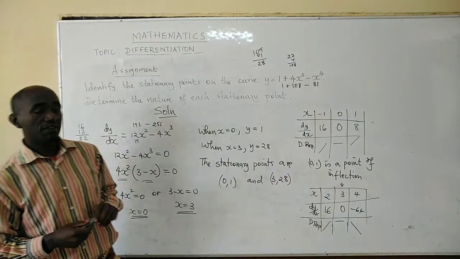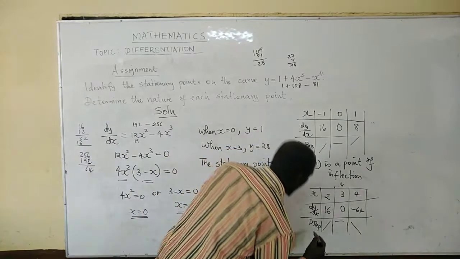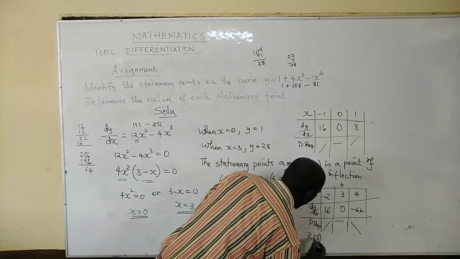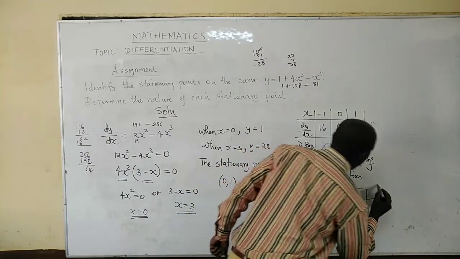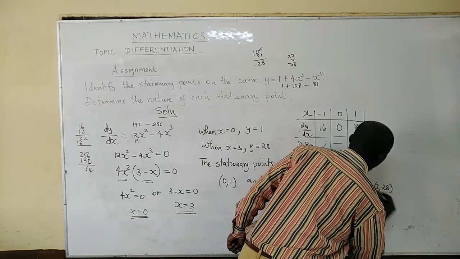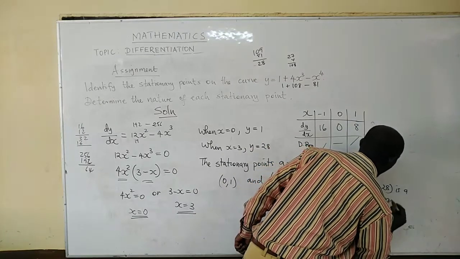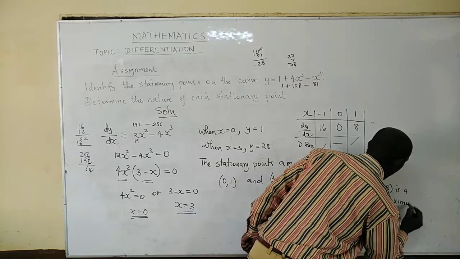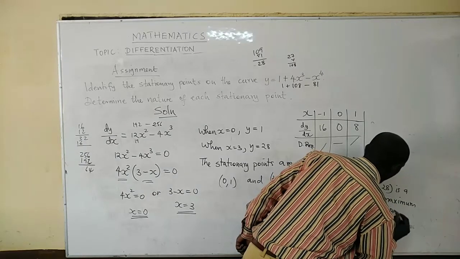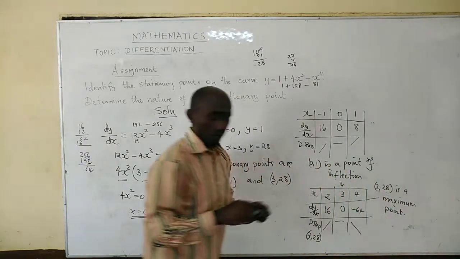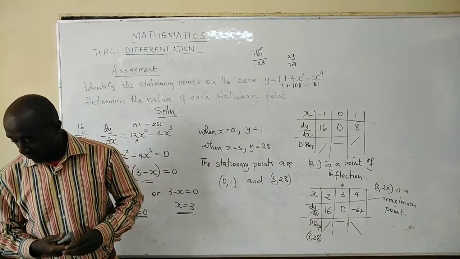Positive to 0 to negative. So it means that point 328 is a maximum point.